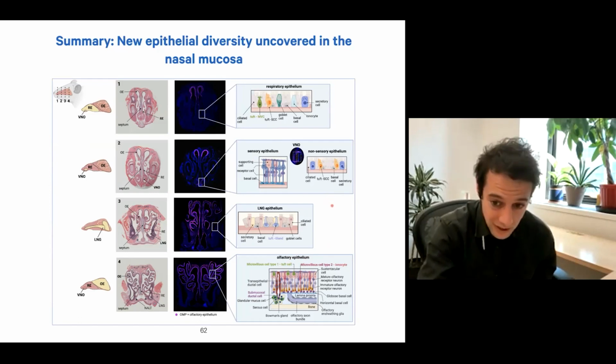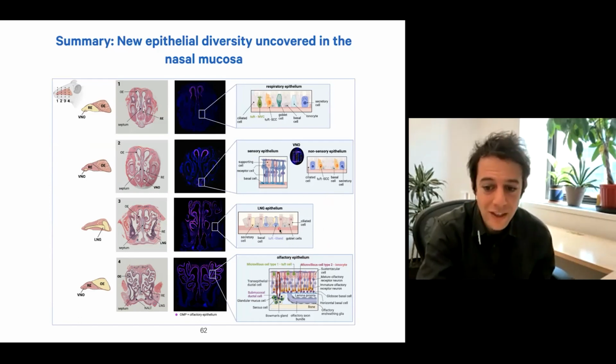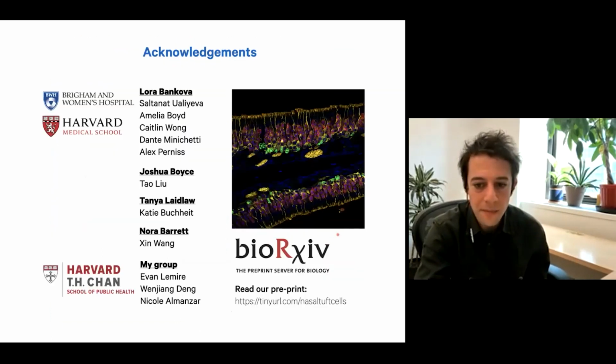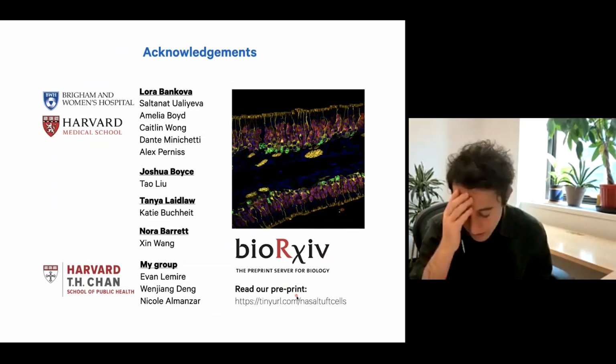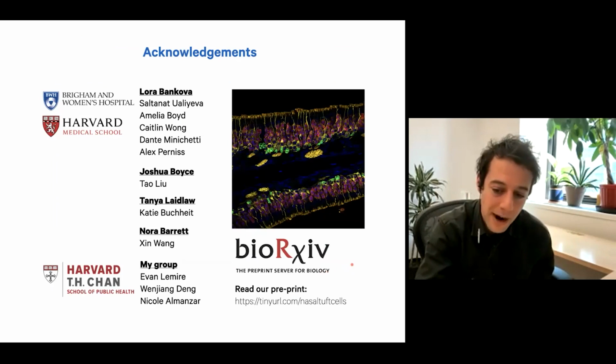And I didn't really talk about this at all, but we identified that the third subset of tuft cells is resident in the lateral nasal gland, and we term this one tuft gland, which has its own unique transcriptional profile. All this data is not published, but it is on bioRxiv.